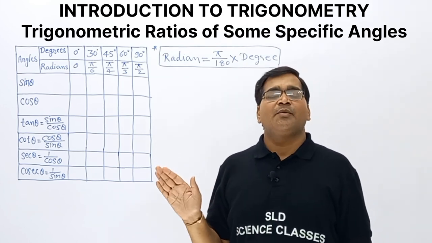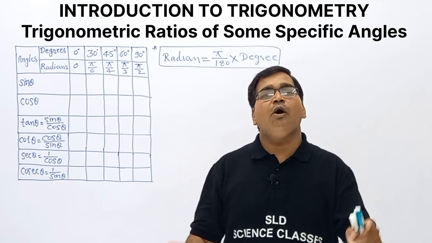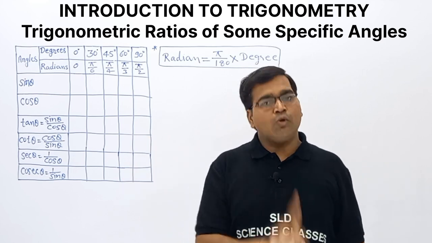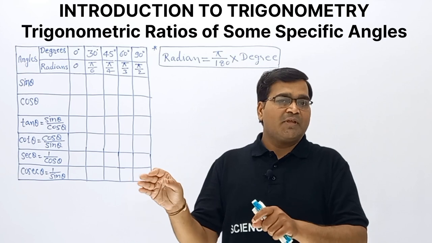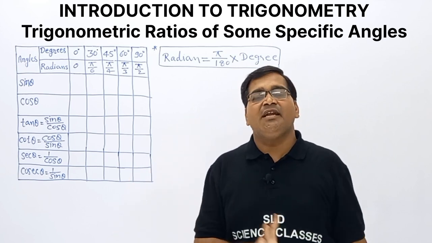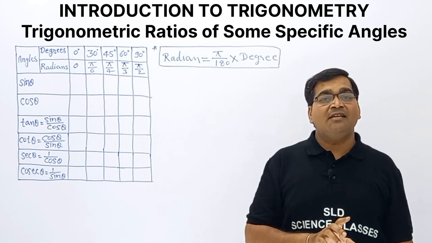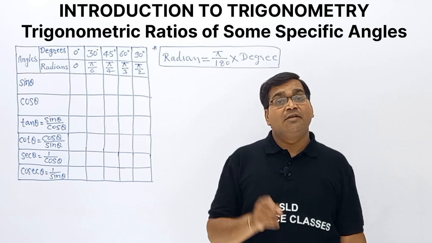That's okay, but the value is important. We should know that the value of sine 90 is 1. If we do not know the value of sine 90, then we will not be able to solve the given question.